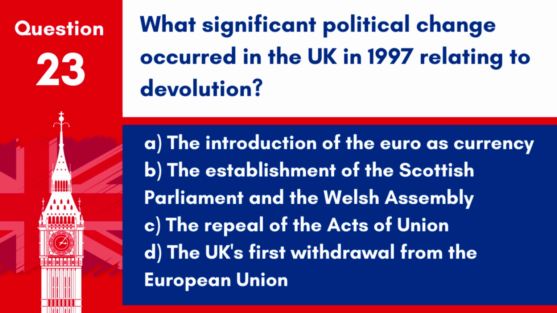D. The UK's first withdrawal from the European Union. Answer: B. The establishment of the Scottish Parliament and the Welsh Assembly. In 1997, significant political change occurred in the UK with the establishment of the Scottish Parliament and the Welsh Assembly as part of the devolution process.